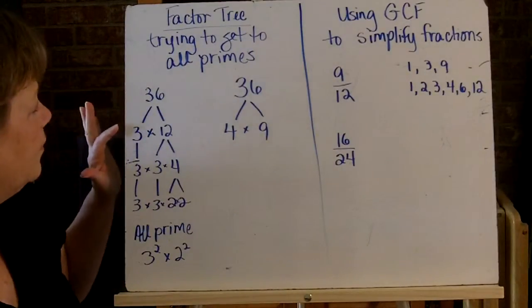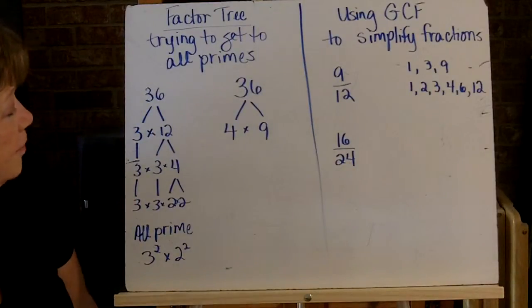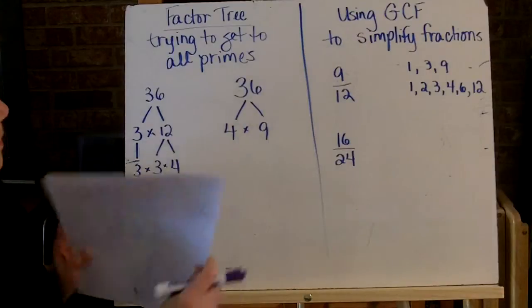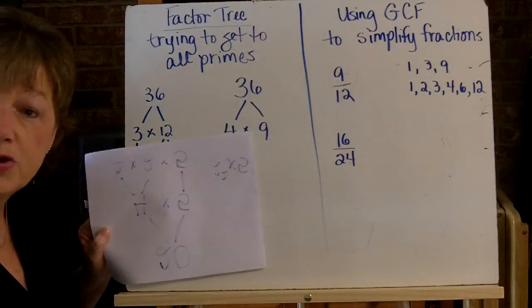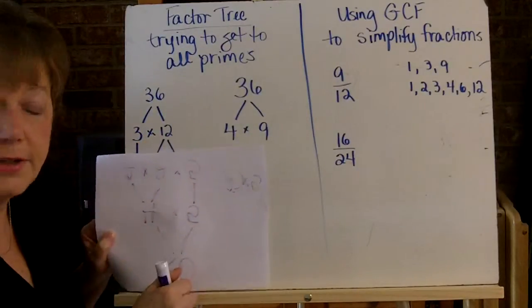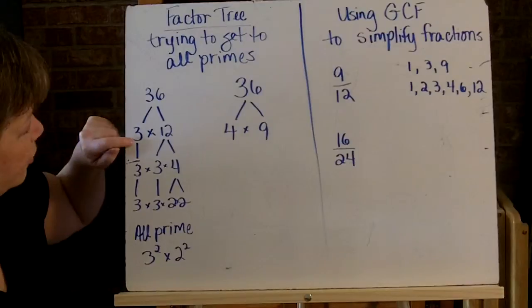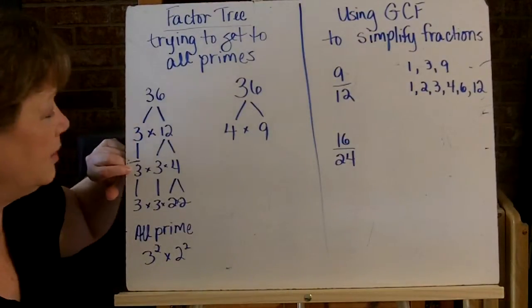So if I start with 3 times 12, that makes 36, and I'm looking to try to get all prime numbers. Well, 3 is prime, but 12 is not. So I'm going to bring my 3 straight down. It's prime. I don't have to do anything else to it.